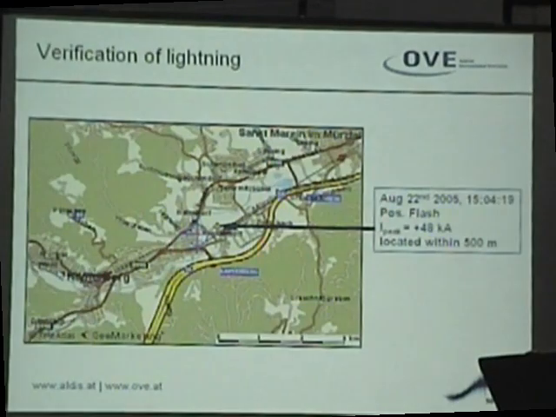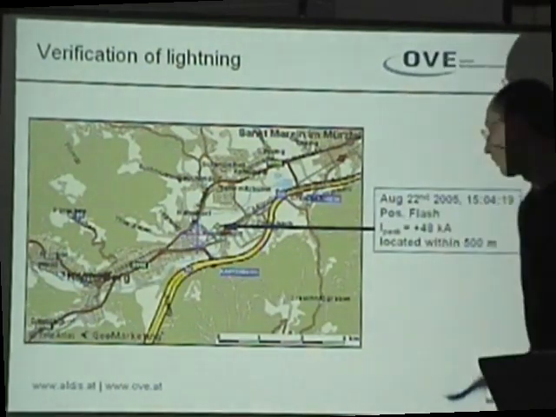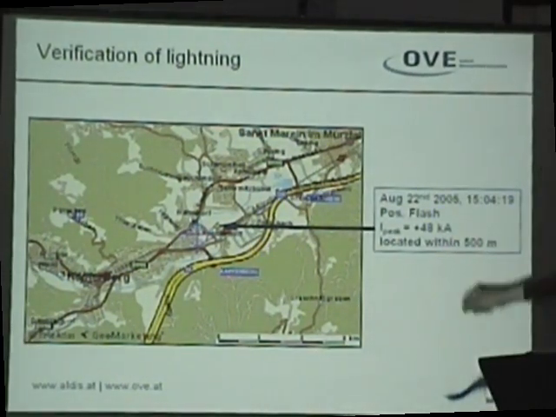What we looked at afterwards, we looked for a lightning strike, and we found there was only one. If you don't have a good time, it's rarely possible to determine the stroke. In this case, there was only one stroke, very close, about 500 meters difference, and a positive one with 50 kA. Long continuing current, probably. We don't know.